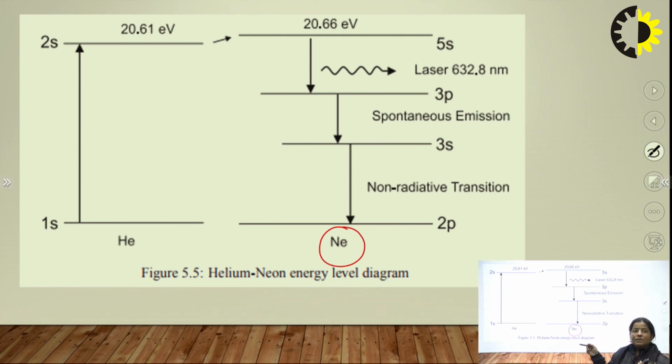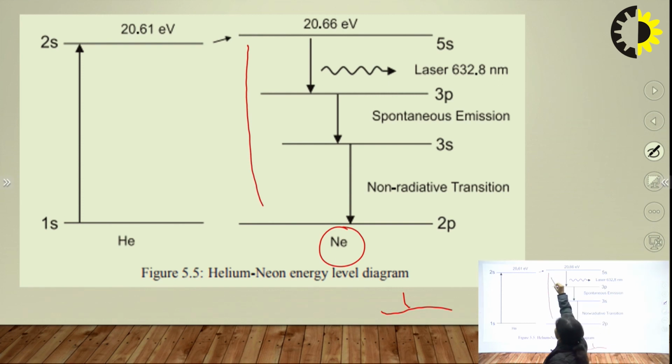And neon is getting extra energy from the electron which has come from the power supply. So, neon also moves from its ground state to the higher energy state, which has the value 20.66 electron volts.